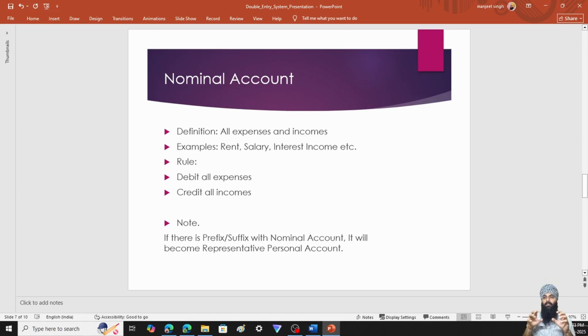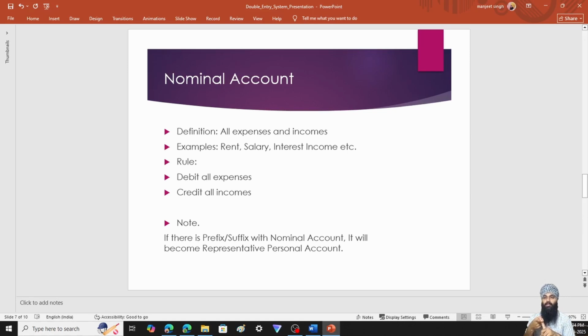In the example, I took outstanding salary, right? Salary is an expense, which comes under the nominal account. We added the prefix outstanding, grouped it into a single account, and it converts into a representative personal account. As you can see here, if there is a prefix or suffix with a nominal account, it becomes a representative personal account. Right? We discussed all three accounts: personal account, real account, and nominal account.